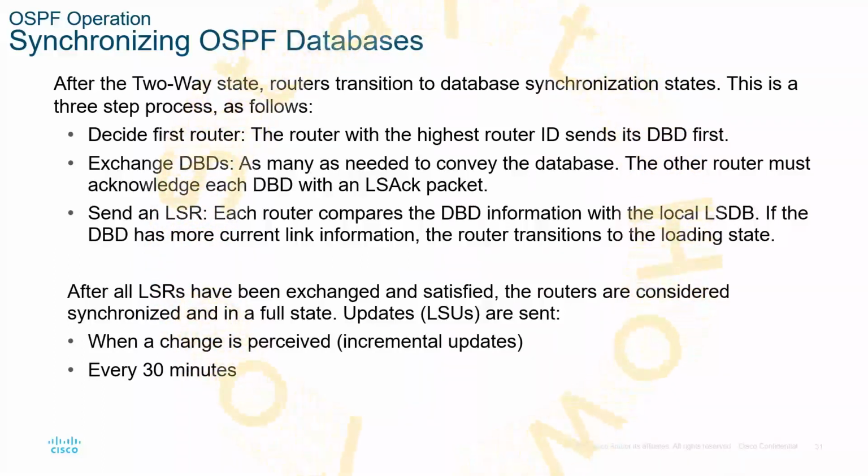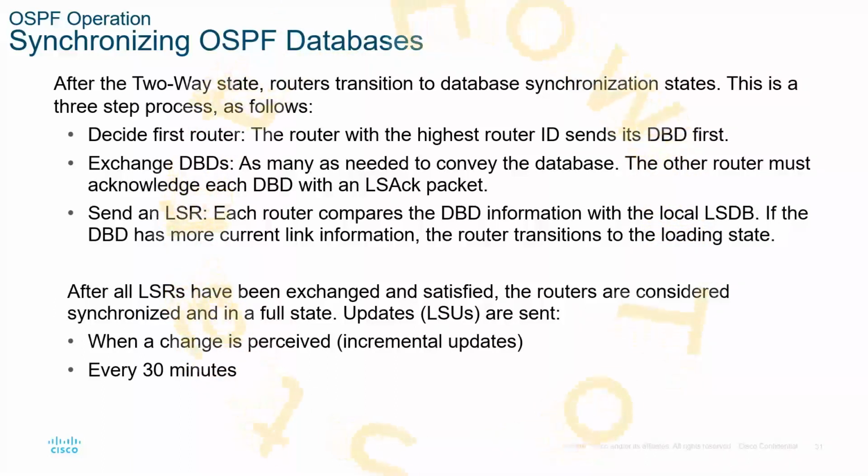After all LSRs have been exchanged and satisfied, the routers are considered synchronized in a full state, and then there might be an update sent if there is any changing information. If not, every 30 minutes just to verify. This is when we would say that it is converged. All routers have all information on all other routers.